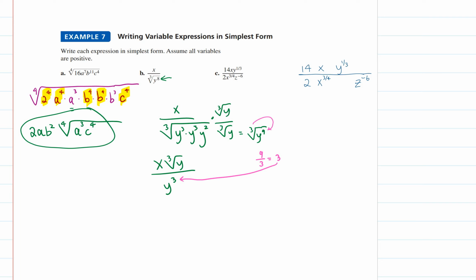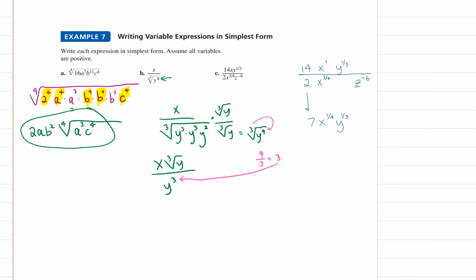So now I can take each part and simplify them. Well, 14 divided by 2 is 7. That would be in the numerator. X to the invisible 1 power minus the 3/4 gives me x to the 1/4 power in the numerator. There's nothing to do with y, so y just stays as y to the 1/3.